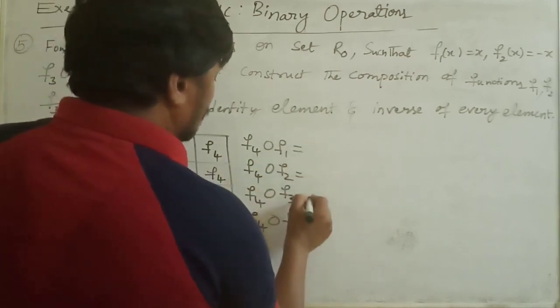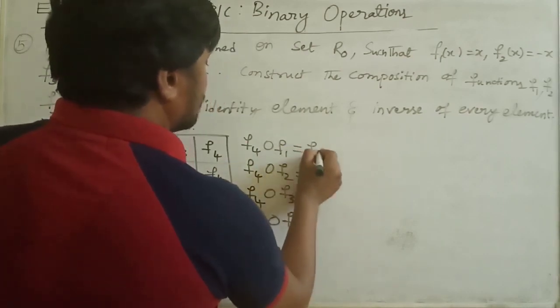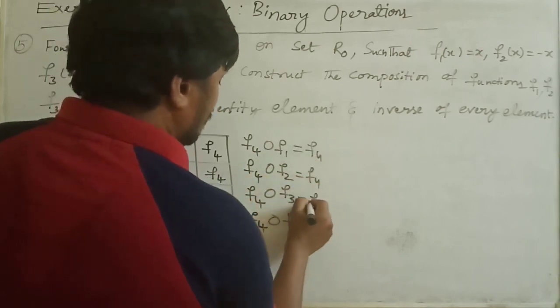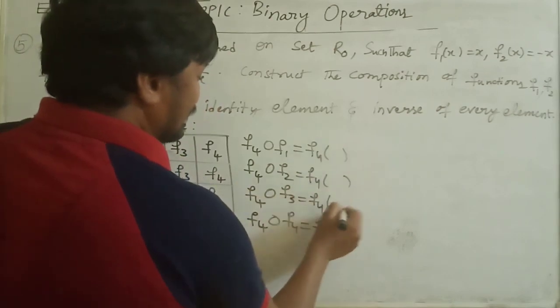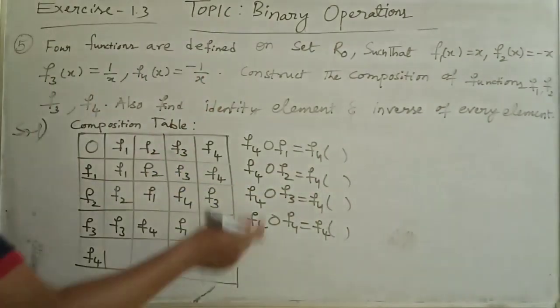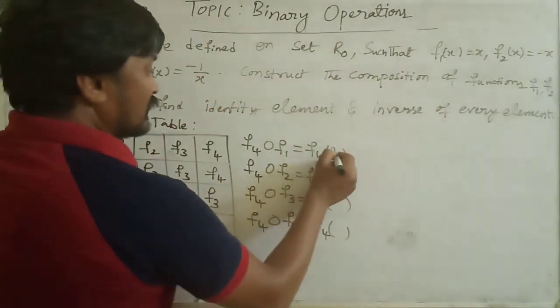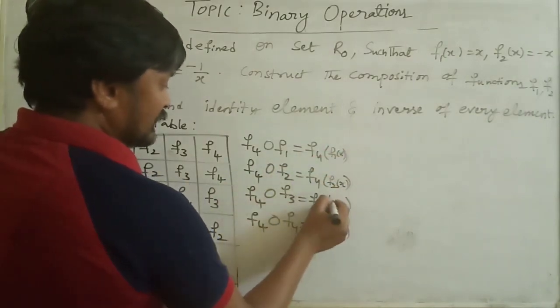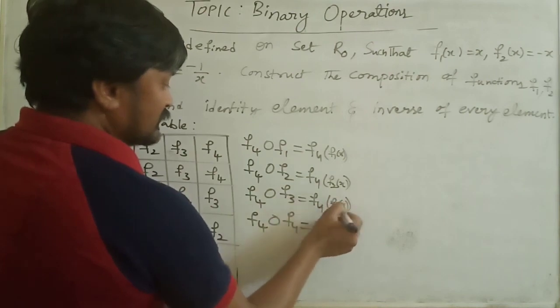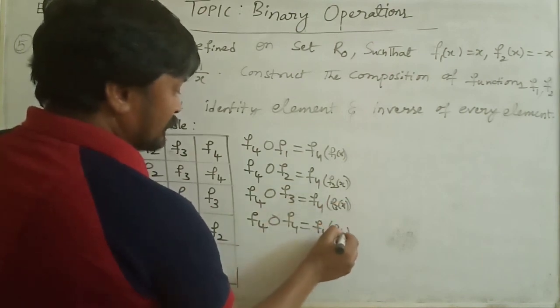Now when you solve this, what are you going to get? So in all the places it is f4. I'm doing this like a small kid. Okay, so f4 of f1 of x, next f2 of x, next f3 of x, next f4 of x.